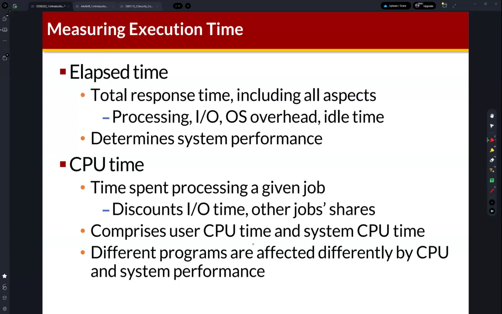So for example, applications run on operating systems, right? Like Windows, Linux, Mac OS, Android. So the response time of a certain application is influenced by operating systems.